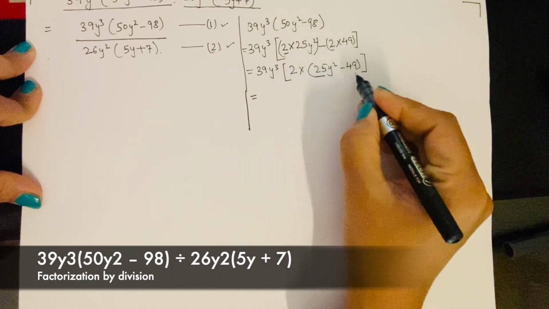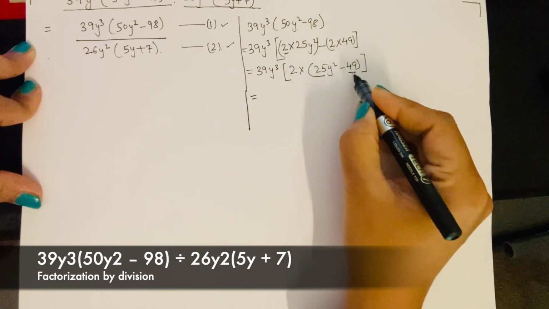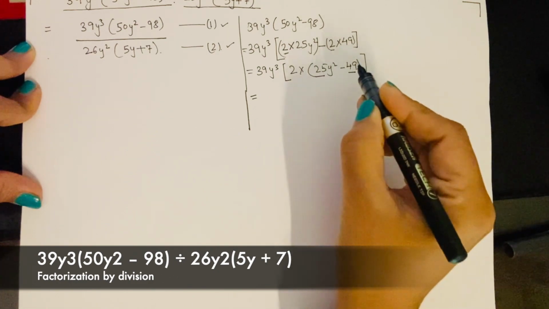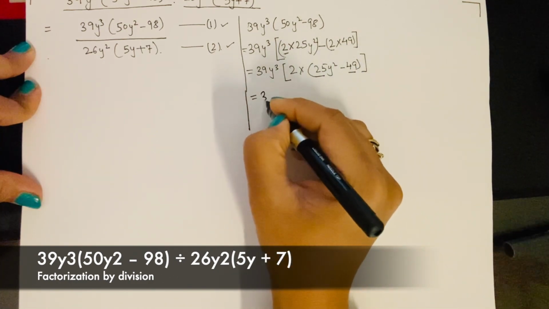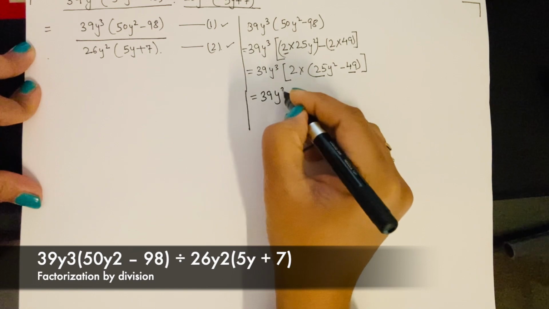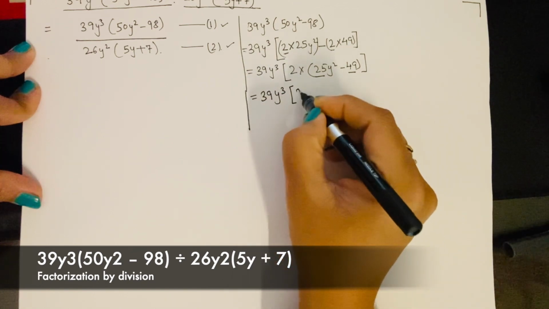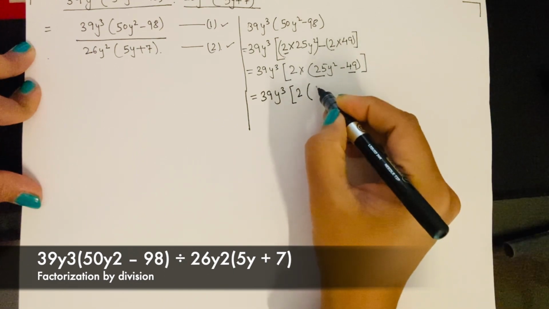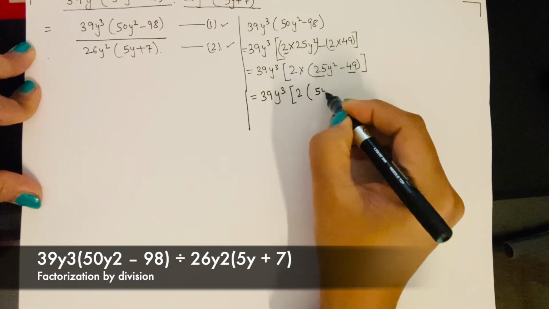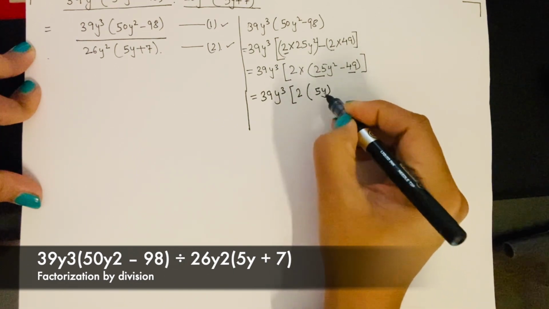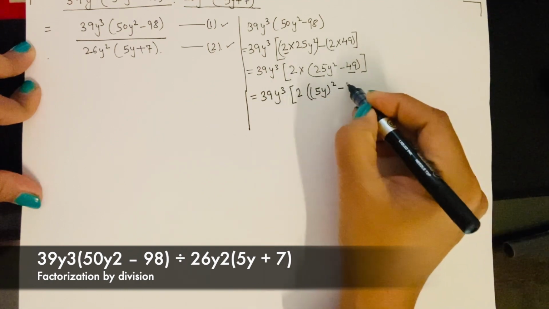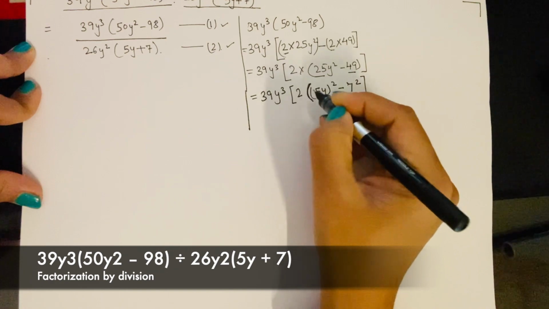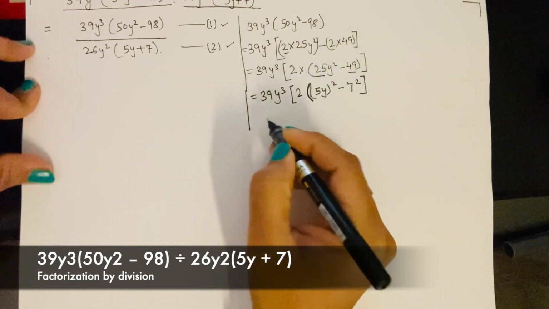This is 25 and this is 49. 49 is the square of 7, 25 is the square of 5. So in the next step we'll write 39y cube, 2, multiplied by 5y whole square minus 7 square. This will be our next equation.